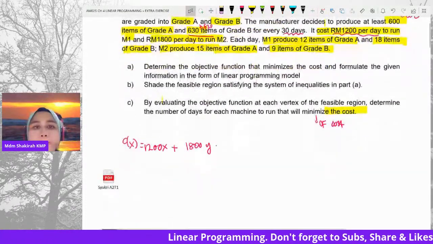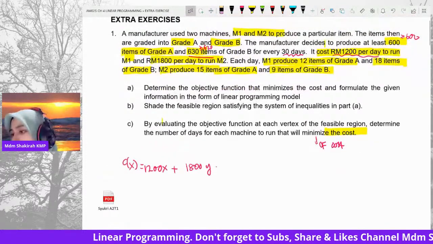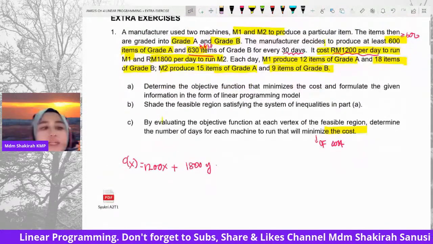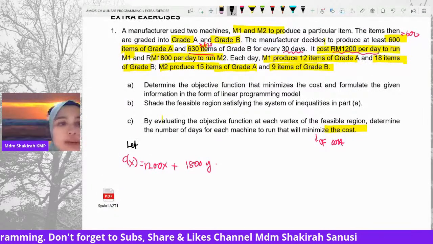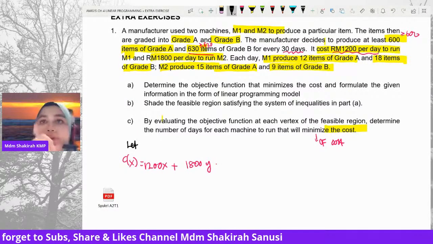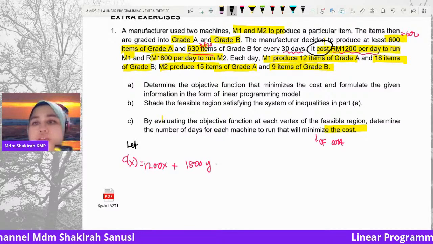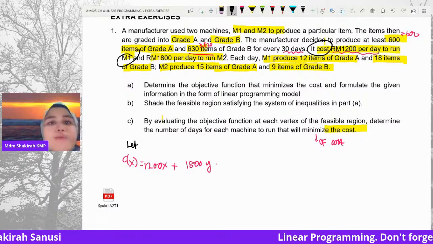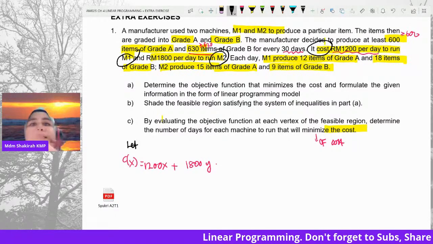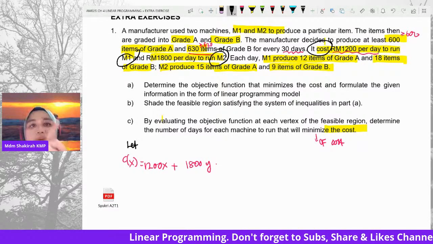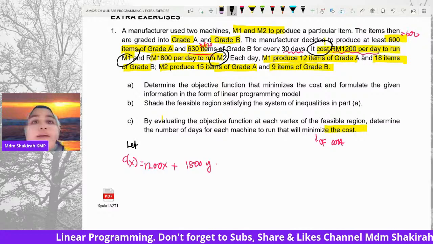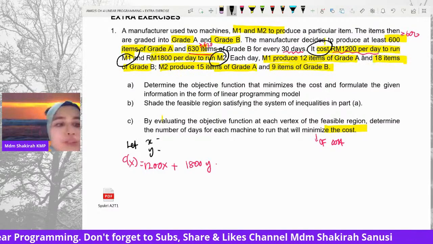So, X dengan Y kita adalah apa? Mestilah kita punya M1, M2. Kenapa madam kata M1, M2? Sebab you boleh nampak kat sini tau. Dekat you punya cost tadi, to run M1 and to run M2. That is our objective function. Objective function adalah melibatkan X dan Y. Okay, sepatutnya you boleh notice kat sini. Alright.